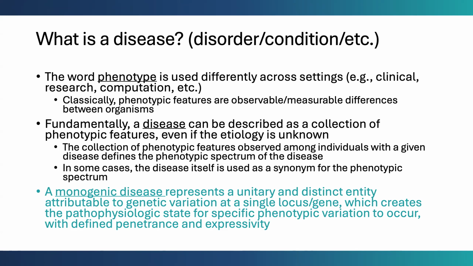It essentially means for us a monogenic disease is when we can attribute variation in a single gene as what is causing the phenotypic features we're observing, and that we understand that some of those features may vary because of penetrance and expressivity. So hopefully that becomes really clear for you all on how we're approaching defining a curated monogenic disease entity.